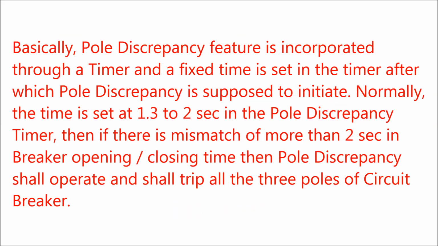Basically, the pole discrepancy feature is incorporated through a timer, and a fixed time is set in that timer after which pole discrepancy is supposed to initiate. Normally the pole discrepancy timer is set at 1.3 to 2 seconds. Then if there is a mismatch of more than 2 seconds in the breaker opening or closing time, the pole discrepancy shall operate and shall trip all the three poles of the circuit breaker.